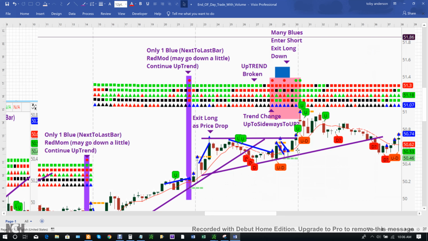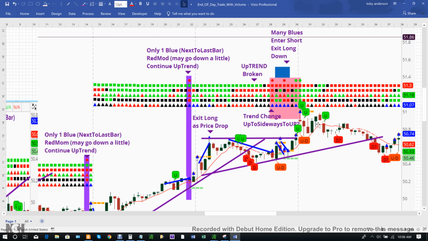So if you saw it spike up the next day, and you're expecting it to go down, you could have panicked and said, "Hey, I need to get out." You would have had a 0.1% loss, right?